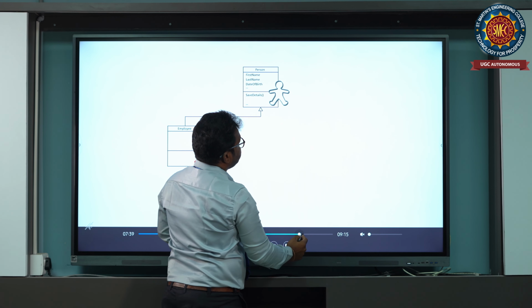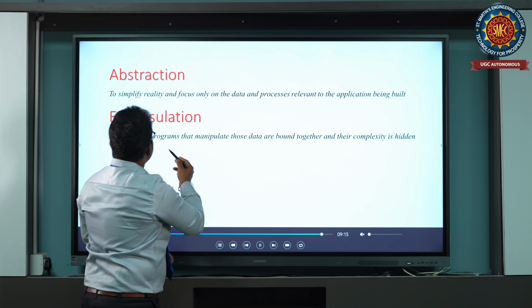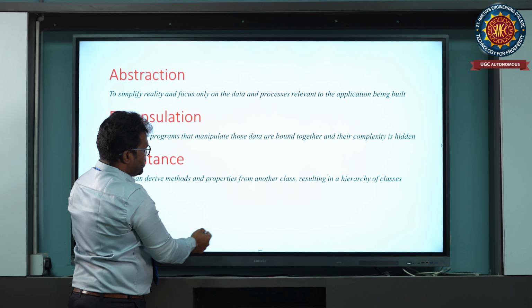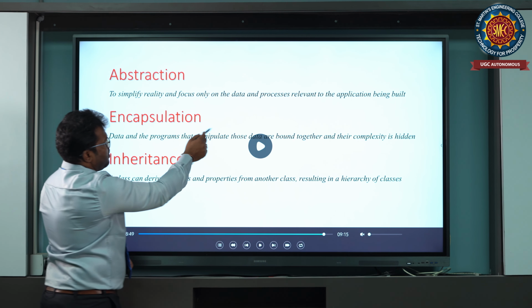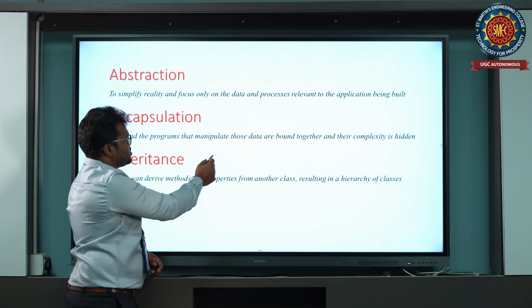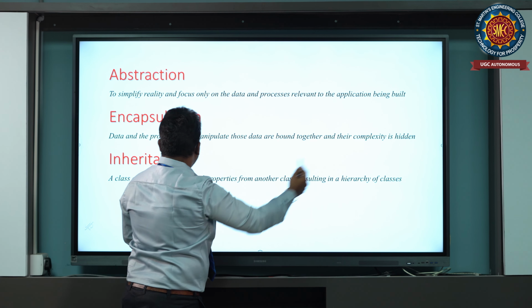Abstraction simplifies reality and focuses only on the data and processes relevant to the application being built. Encapsulation: data and the programs that manipulate that data are bound together and the complexity is hidden.